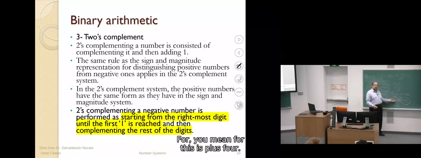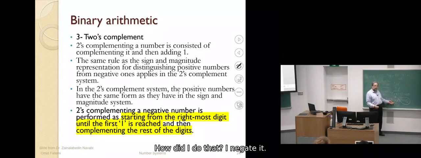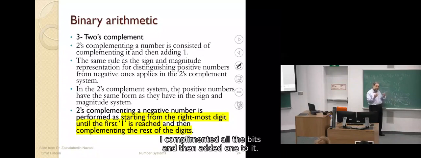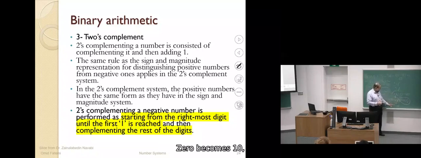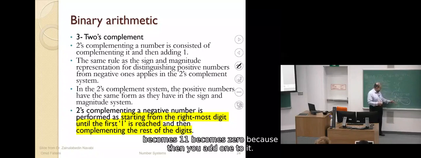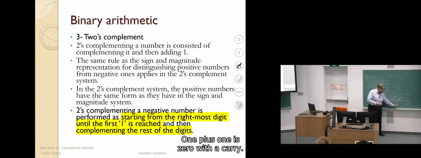Okay, this is plus 4. Then what I did, I 2's complemented it. It means minus 4. How did I do that? I complemented all the bits and then added 1 to it. 0 becomes 1. 0 becomes 1. 1 becomes 0. And then you add 1 to it. 1 plus 1 is 0 with a carry.